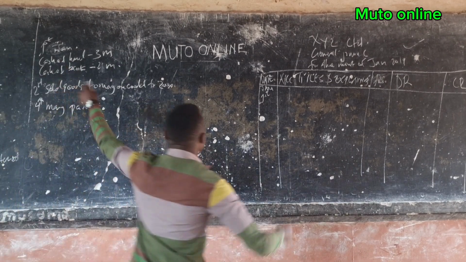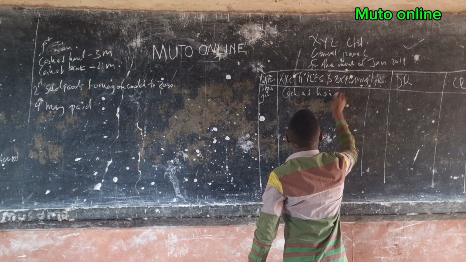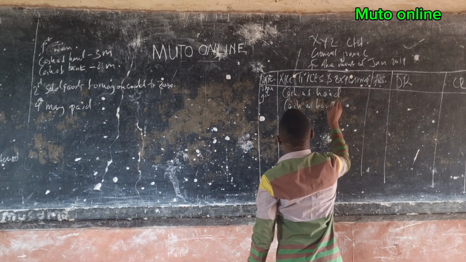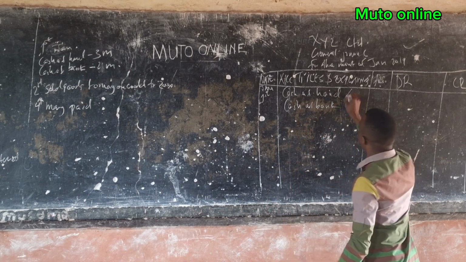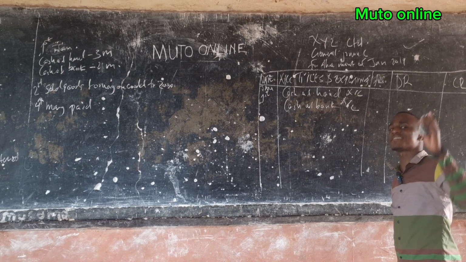So in this circumstance, we had the cash at hand and the cash at bank. Remember, these are accounts, and we are debiting since they are assets.